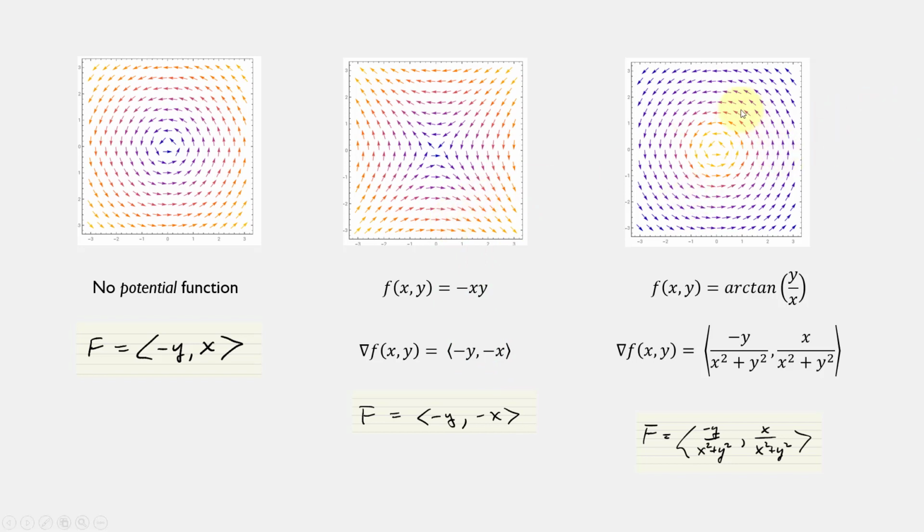This is another gradient vector field for which there is an associated potential function. If you took the derivative of this function with respect to x, this is what you get right here, this first component. And if you took a derivative of this function with respect to y, this is what you get, this second component. And so graphing that gradient is what's shown here.